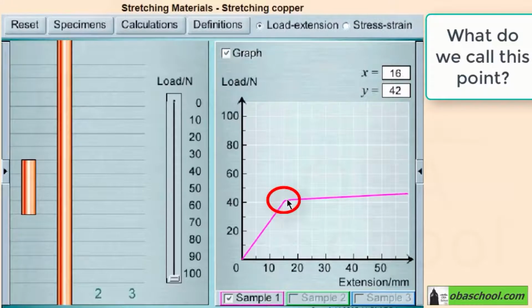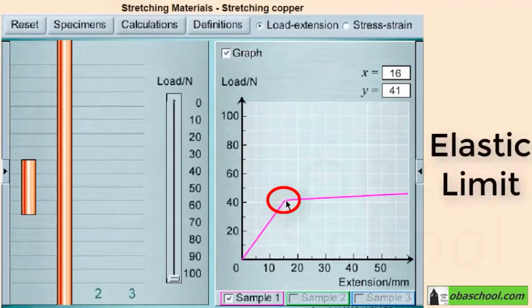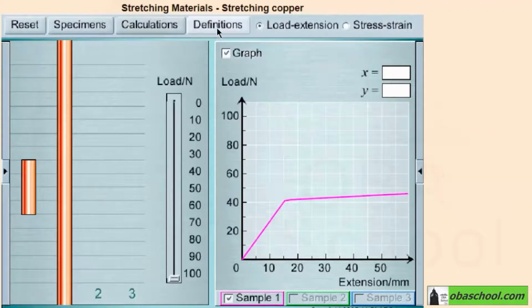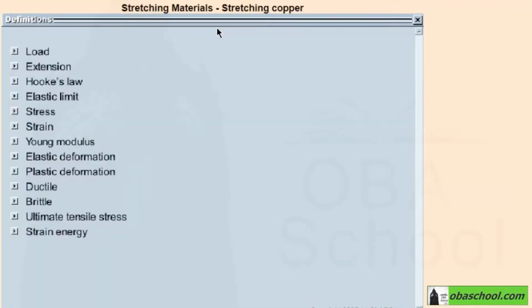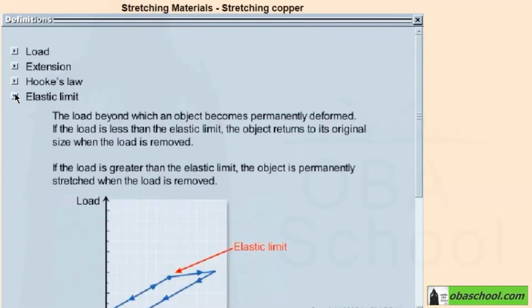What do we call this point? Yes, the elastic limit. Let's recall its definition. We'll click Definitions and go to Elastic Limit.